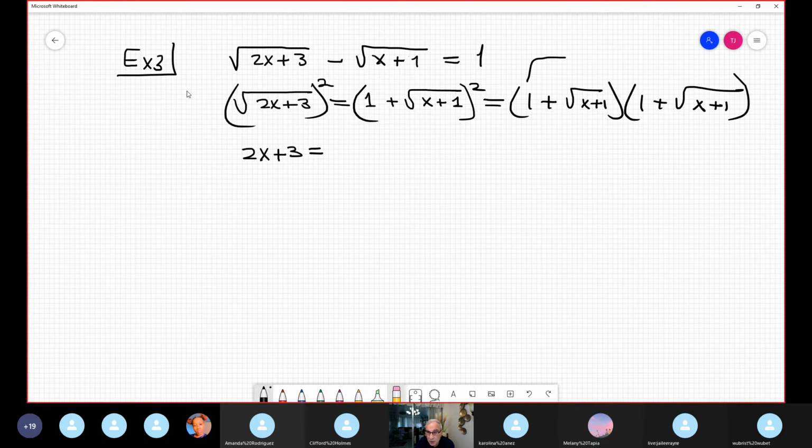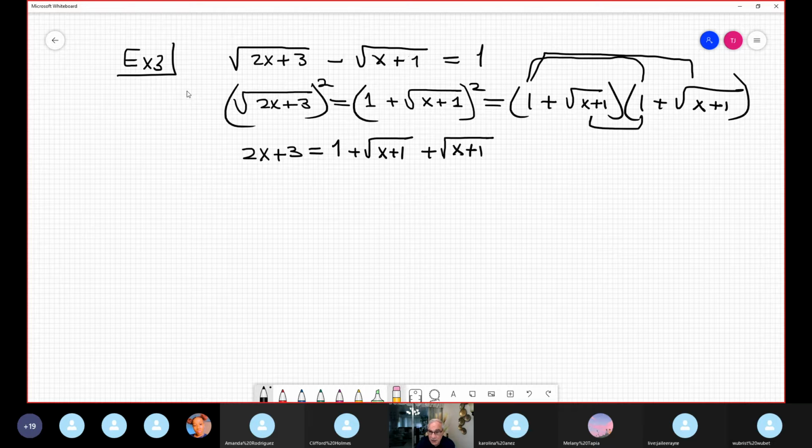And you FOIL: 1 times 1 is 1. 1 times a radical is just the radical because the 1 is an invisible multiplier. Likewise, this one is exactly the same.